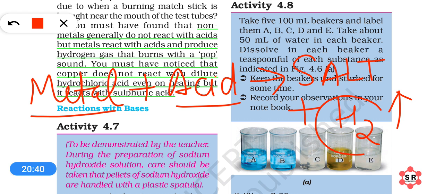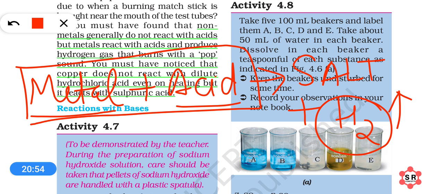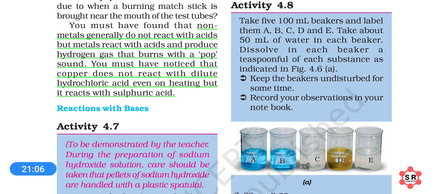We can check that hydrogen gas is being produced by bringing a burning matchstick close to the test tube in which we are performing this chemical reaction. When hydrogen comes in contact with the burning matchstick, it will burn with a pop sound. So what is the conclusion? Dear students, we have concluded that metals react with acid to produce salt plus hydrogen gas.